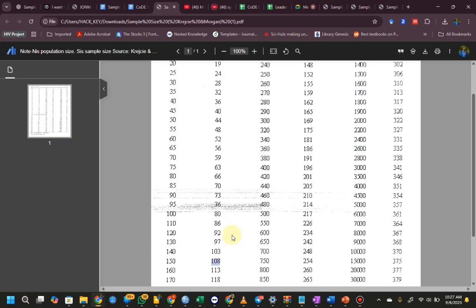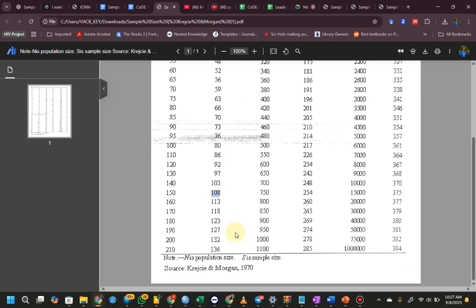Good. So the sample for an accessible population of 142, 108 participants will be representative enough according to Krejcie and Morgan, 1970.